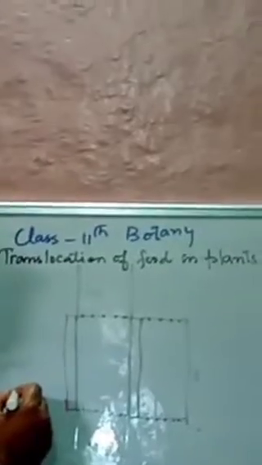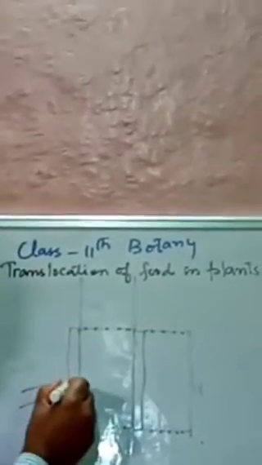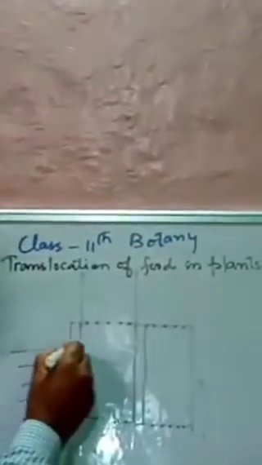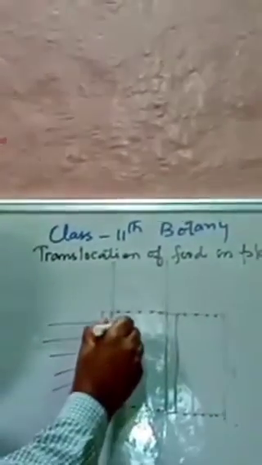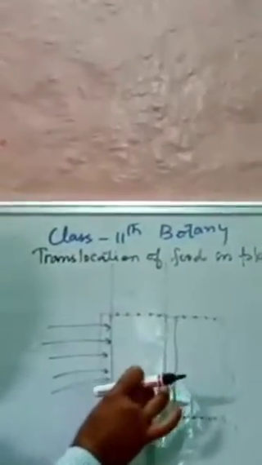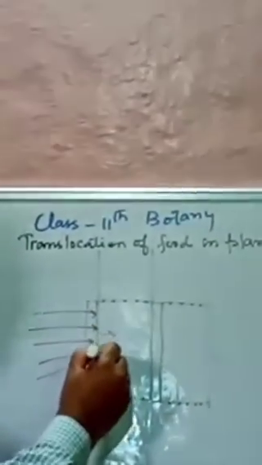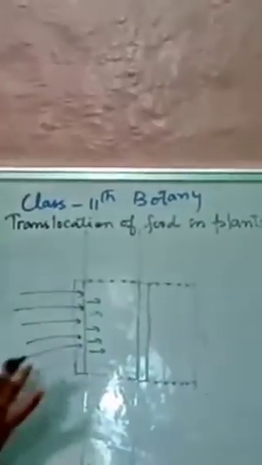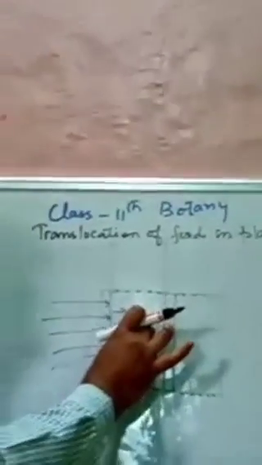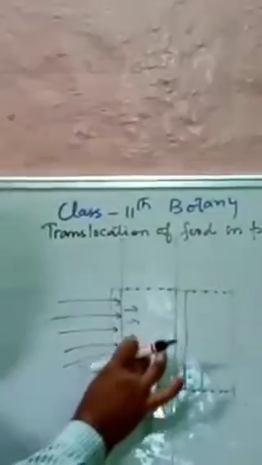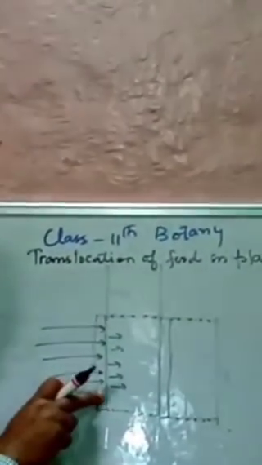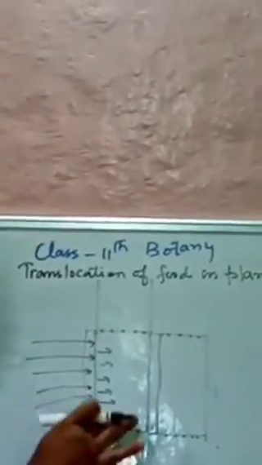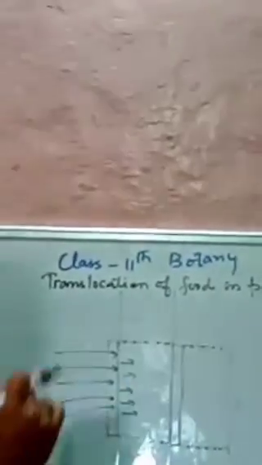It enters into the companion cell as sucrose, and ultimately it reaches the sieve tube. So it does not directly make its way into the sieve tube, but it first enters through the companion cell. Then it enters into the sieve tube.